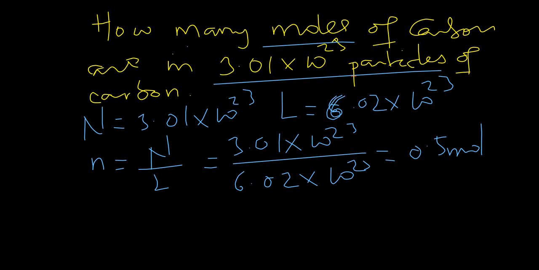Again, when you are asked to determine the moles, you divide the number of particles, the big N, by the Avogadro's constant, and that should solve your problem. As simple as that.